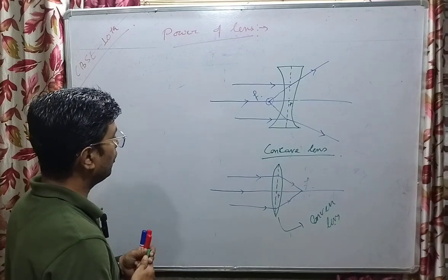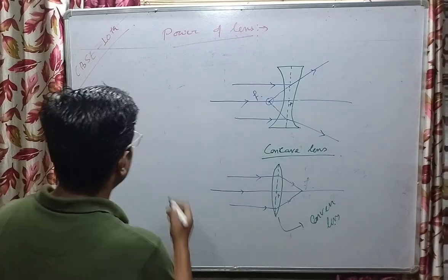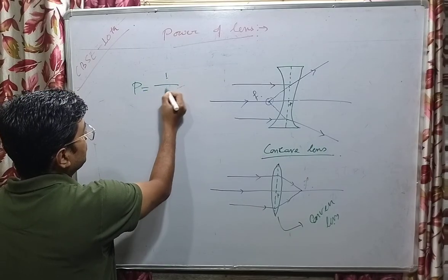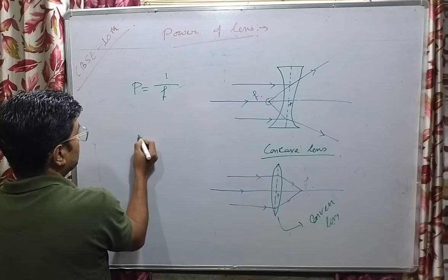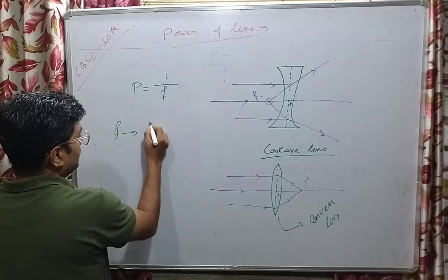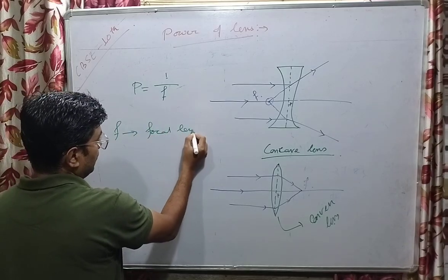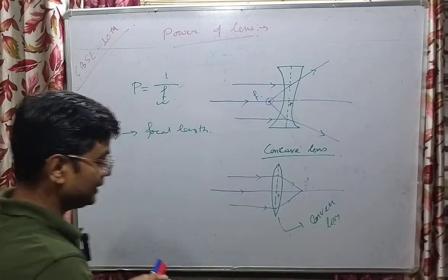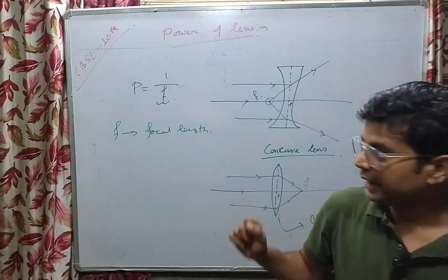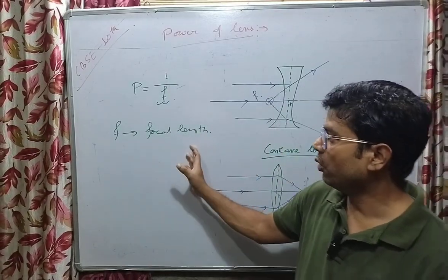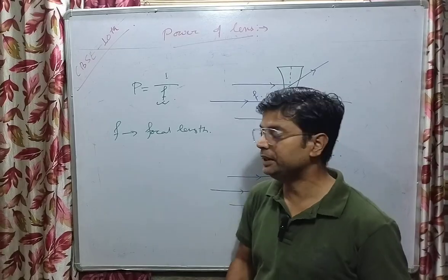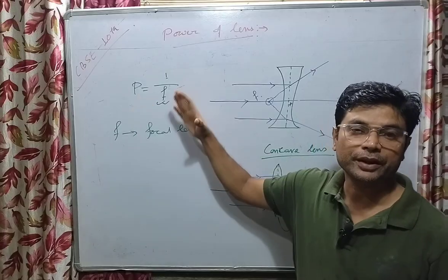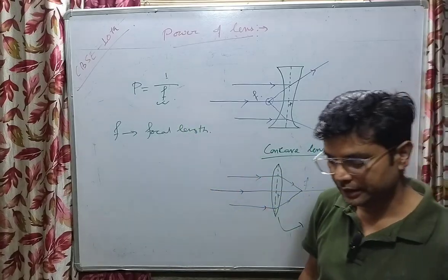Now another point, power of lens is the reciprocal of focal length, where f is focal length. It means if focal length increases, power of that particular lens will decrease, right?